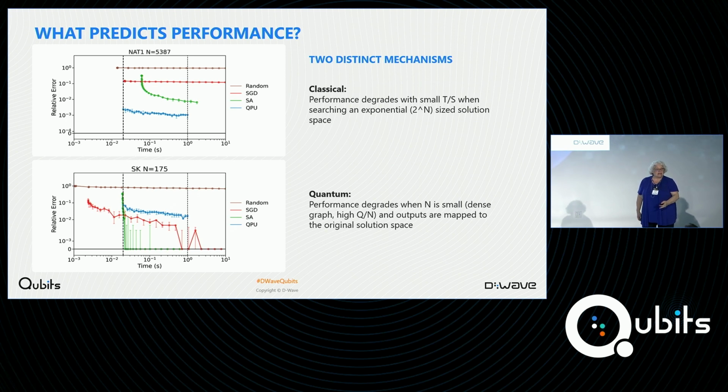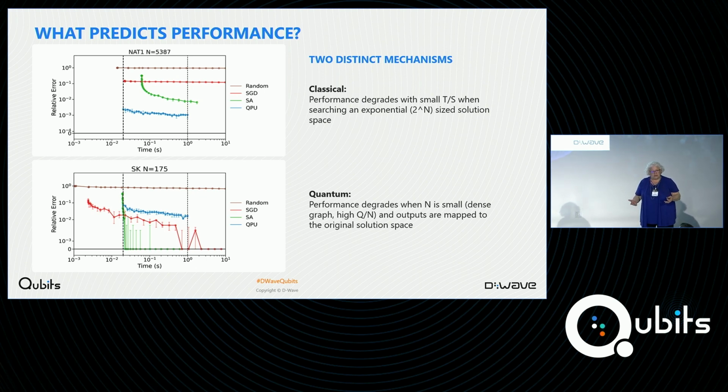These are the biggest and the smallest problems in our test. This is native Nat1 problems with 5,000 variables, and down below we have Sherrington-Kirkpatrick graphs with 175 variables. And so it's 20 times smaller. Is that right? Somebody do the math.